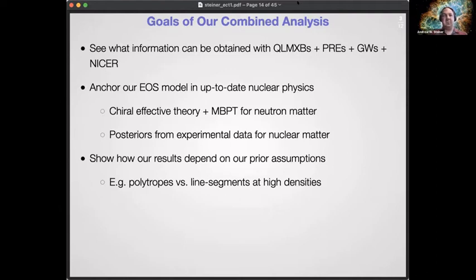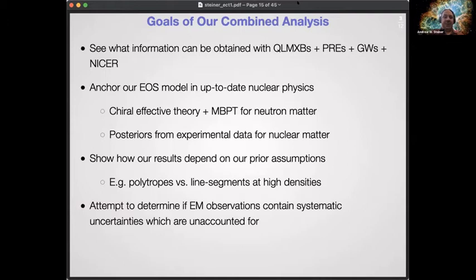There's nothing in principle that rules those out, but then these are just line segments in the log space, and we also choose line segments in the linear space, in the pressure-energy density space, just because we've known for a while that these two turn out to be options which show interesting differences, but would otherwise be perfectly physically reasonable.